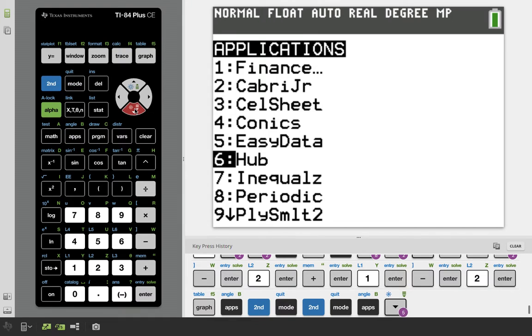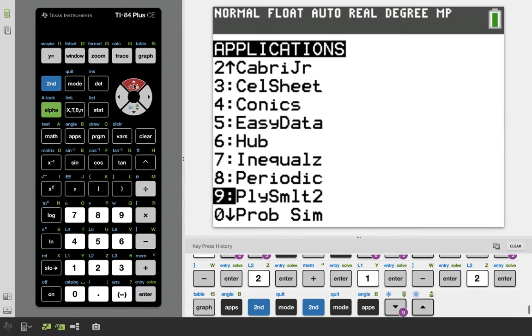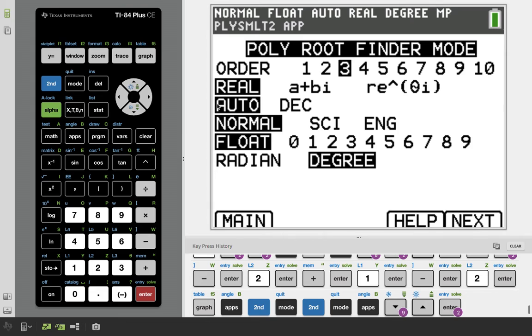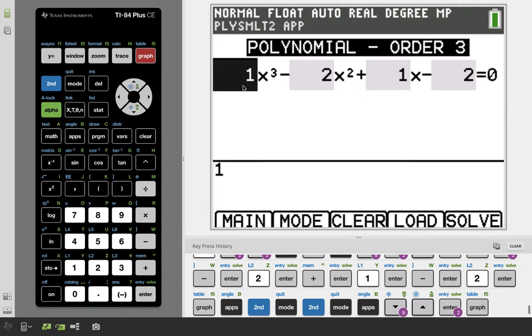You go to PolySmlt2. You choose a root finder. We have a cubic, so the order needs to be 3 for cubic. Then next. I'm putting in 1, minus 2, plus 1, minus 2. Those are the values I have to actually put in.